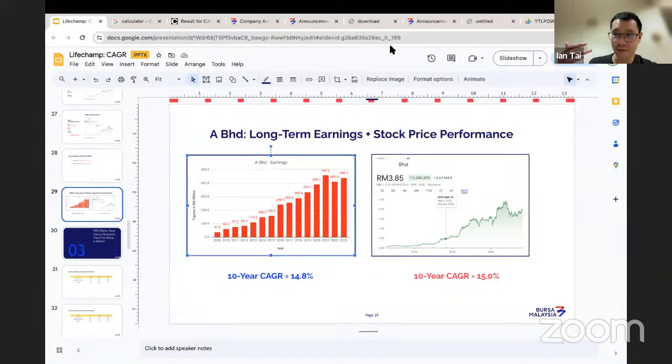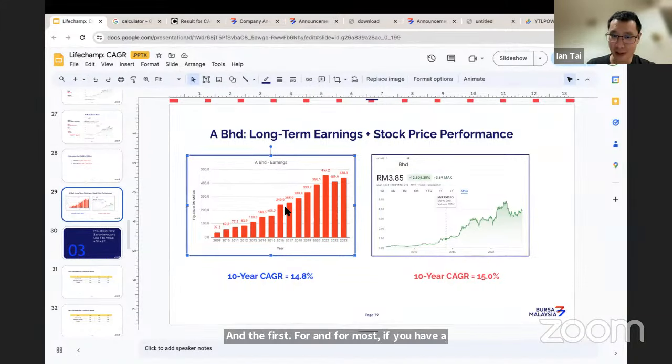First and foremost, if you have a company that has been consistently doing this kind of earnings over the past 10 years, usually it's very hard for this kind of small cap to remain small cap lah. The small cap might actually grow and have been elevated and become a mid cap or a big cap or large cap already lah.